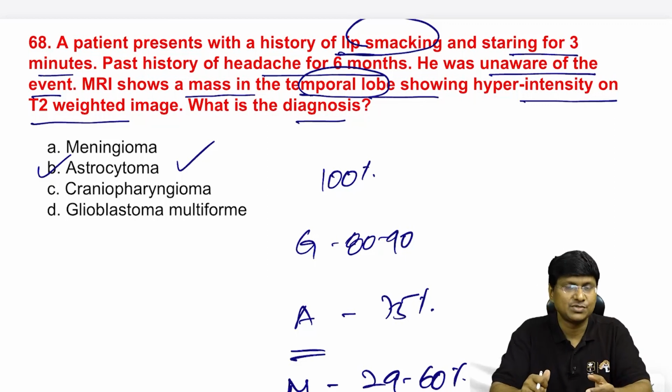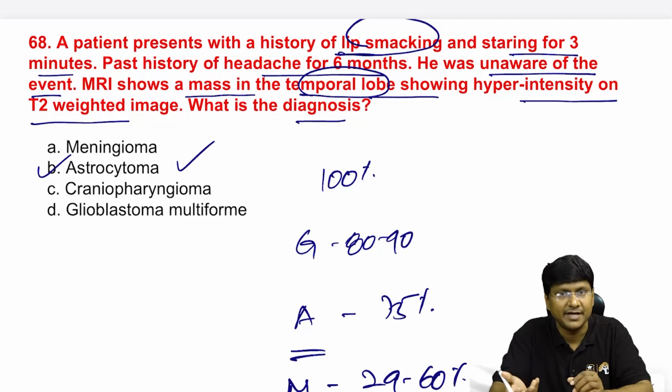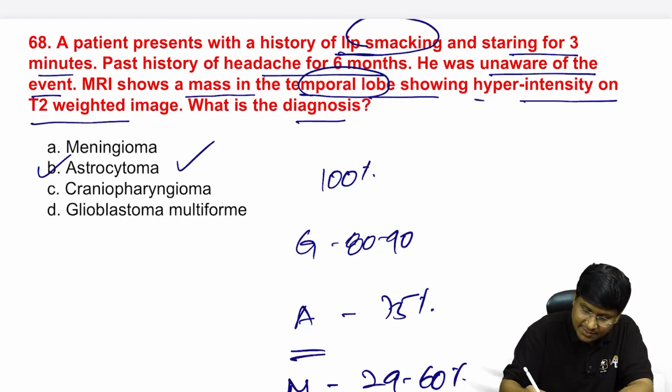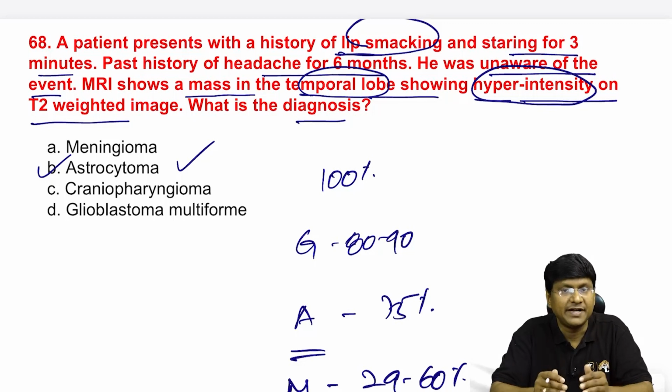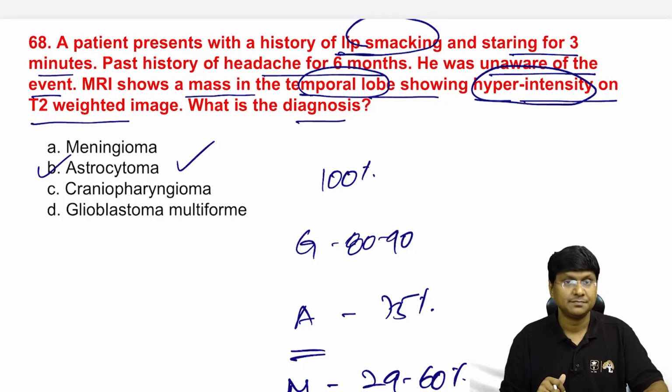Not only that, if you see the MRI findings, low grade astrocytomas are typically hyperintense on T2 weighted images, whereas on T1 weighted images they are hypointense.